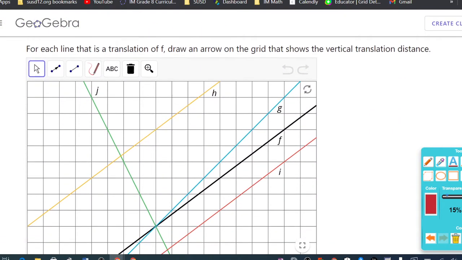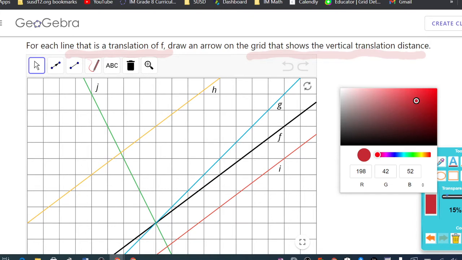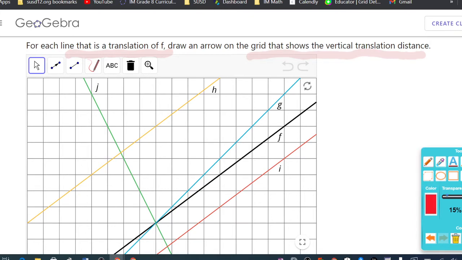We have the same picture again. For each line that is a translation of F, draw an arrow on the grid that shows the vertical translation distance. Okay, let me draw those translations again. The ones that look like a translation have the same slope, so they've not been rotated.